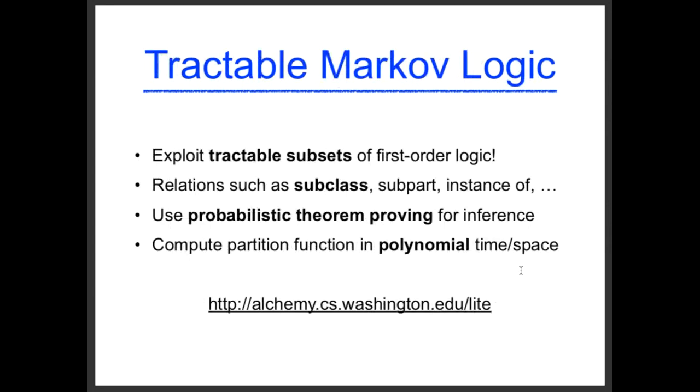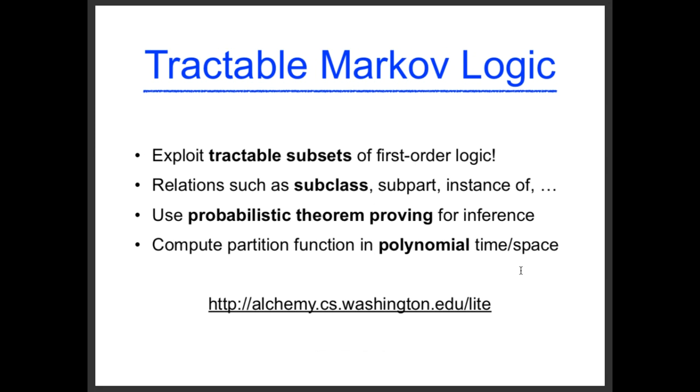allowed. Just a few words to say that there exists, as I showed you at the beginning on the website, a subset of Markov logic which is called tractable Markov logic, which is tractable, so it means that there are efficient algorithms to deal with it, and basically it's a subset of first-order logic where relations have special shapes: subclasses, subpart, instance of, etc. They can exploit, for example, probabilistic theorem proving for inference.